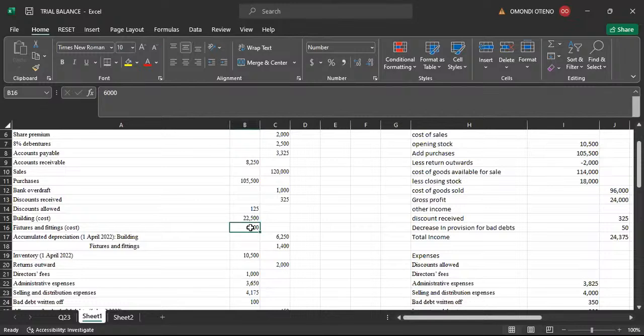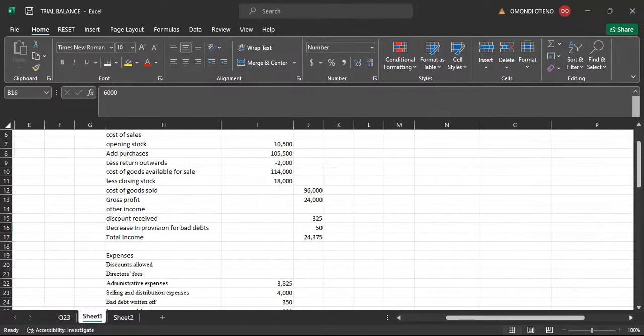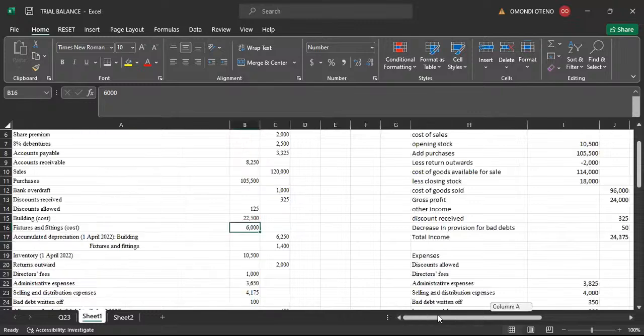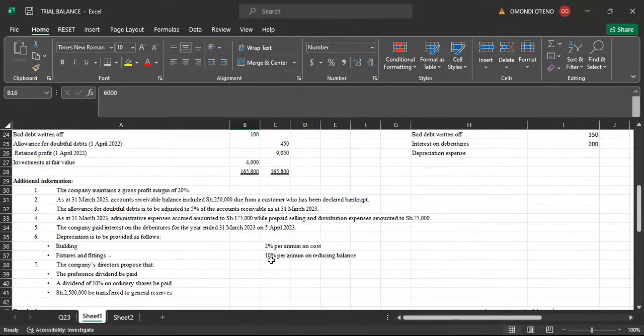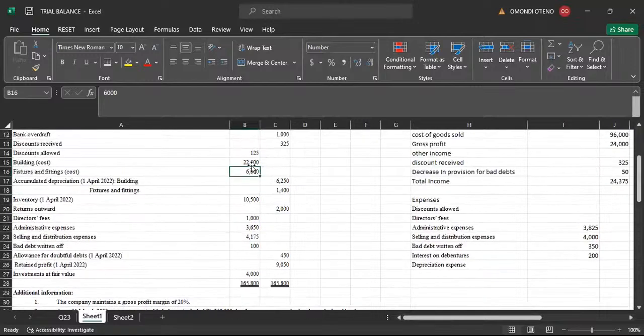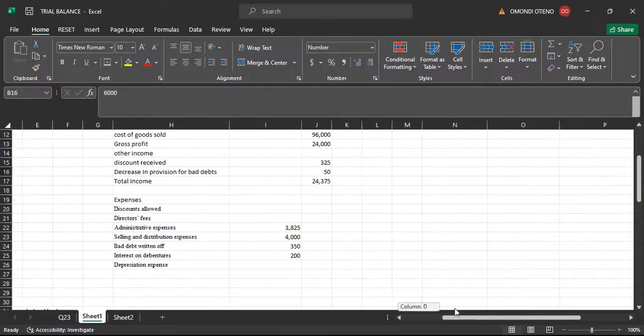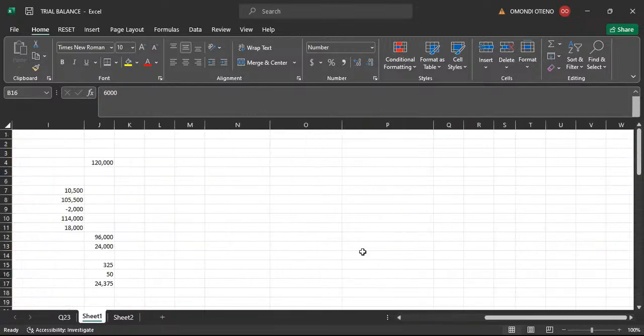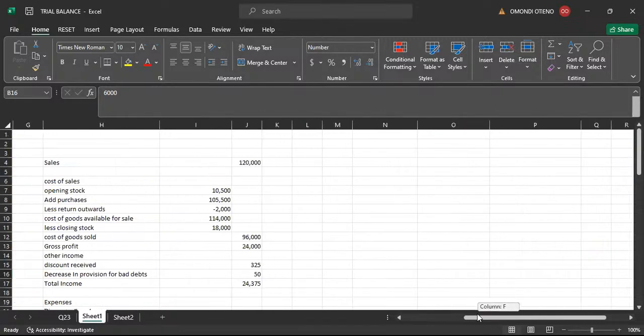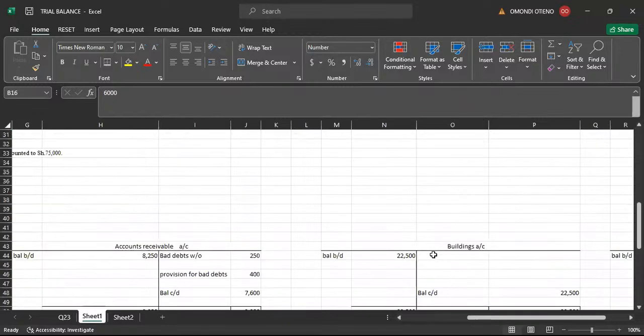Whatever has been depreciated is 1,400. It means I'm able to get the net book value. So I have 6,000, 1,400 is there, and then it is being depreciated at 10% per annum on reducing balance basis. So let me take the cost first. 6,000. Let me bring it here.